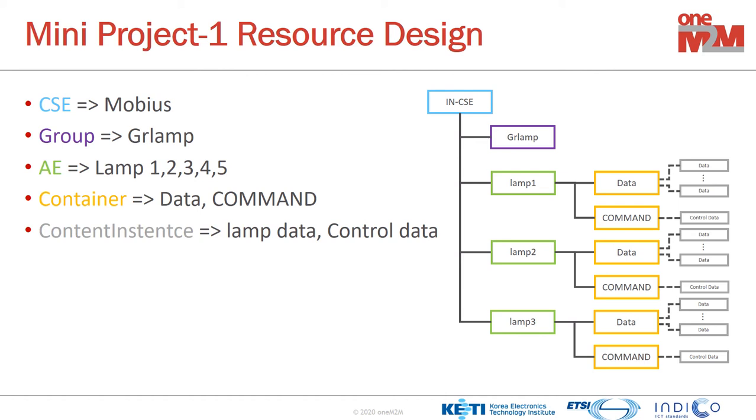And for the commands, we are going to send the actuation messages into those command containers. And since we're going to practice on group fan out, there will be the group resource, which is gr lamp on top. And that group resource has members as lamp 1 to 3.